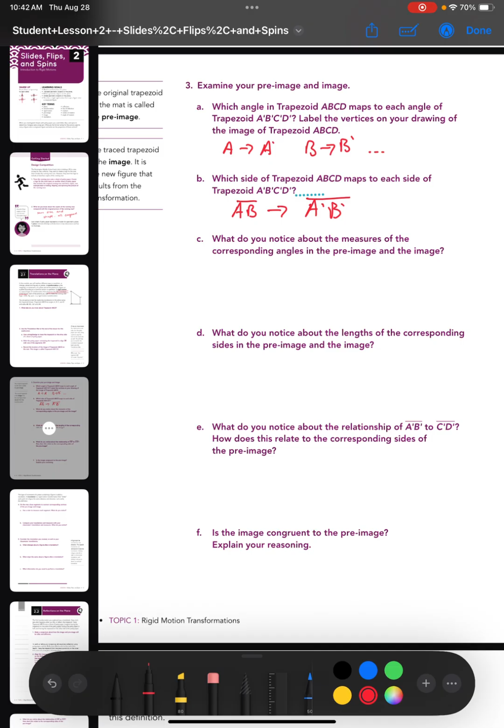What do we notice about the measure of the corresponding angles in the pre-image and the image? Again, when we are doing any of these rigid motion movements, we're not changing sizes of angles, lengths of sides, or anything like that. So they are the same. So same in both. What do we notice about the lengths of the corresponding sides? Again, same in both.